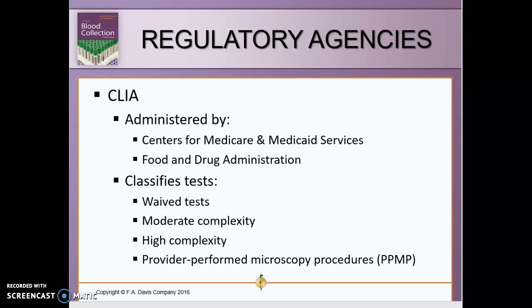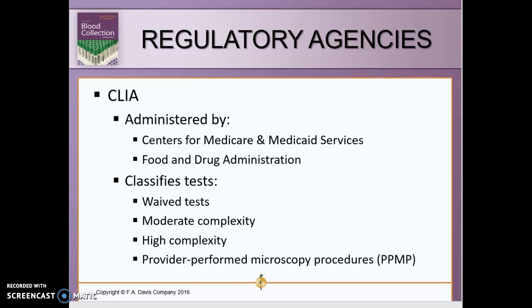When we're looking at the classified tests and we see a waived test, that refers to the skill level of that test, okay? And then we talk about moderate complexity and high complexity. Moderate complexity and high complexity would be non-waived testing. These are separated into moderate and high complexity. So we have the non-waived testing there.